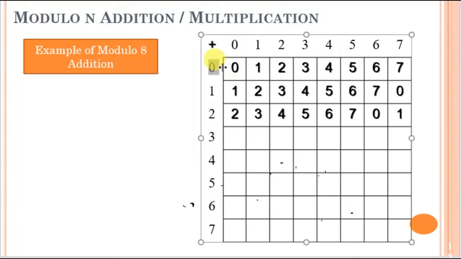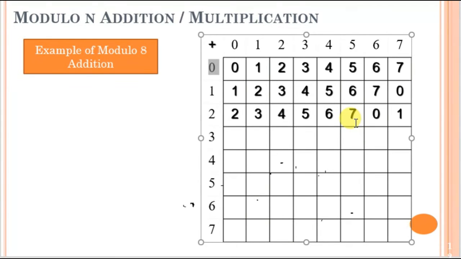So we look for 0 in each row. If 0 exists in each row, then this satisfies the property of inverse. If it satisfies the property of inverse, then we check associativity and the commutative property.